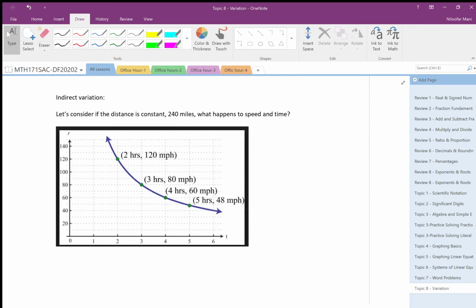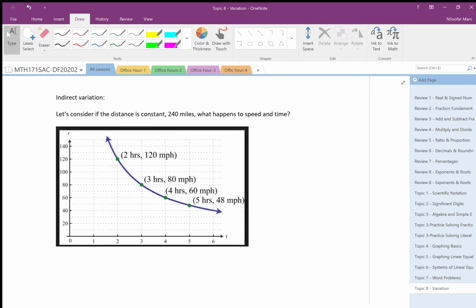If I tell you I walk to the college, you expect it takes me more time than if I come by car, because my speed is more when I go by car. So one of them goes up, one of them goes down.